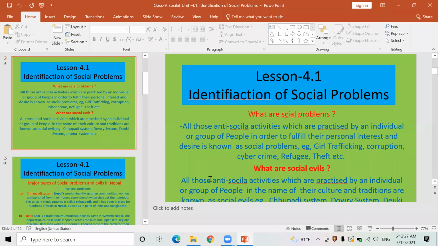If somebody is there in our society, in order to fulfill his desire and interest, if he does any antisocial activities, any activity against the society, social norms and values, rules and regulation of the nation, law and constitution of the nation, such antisocial activities against the society is known as social problem.